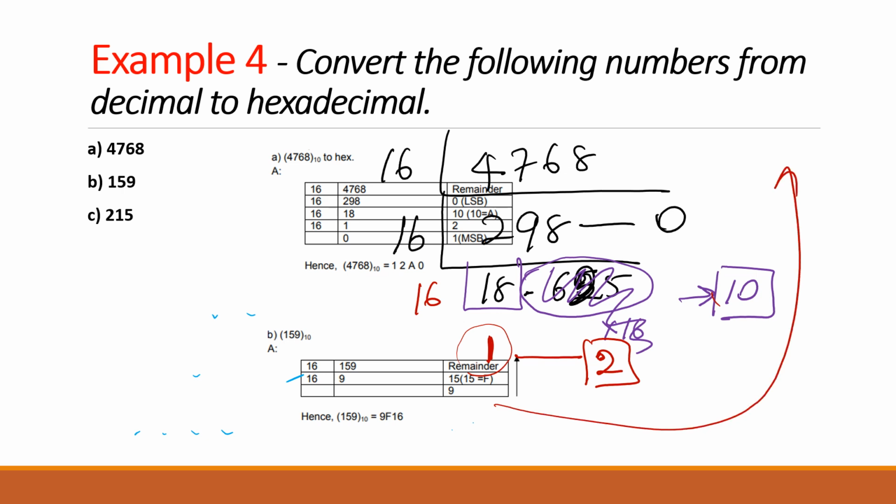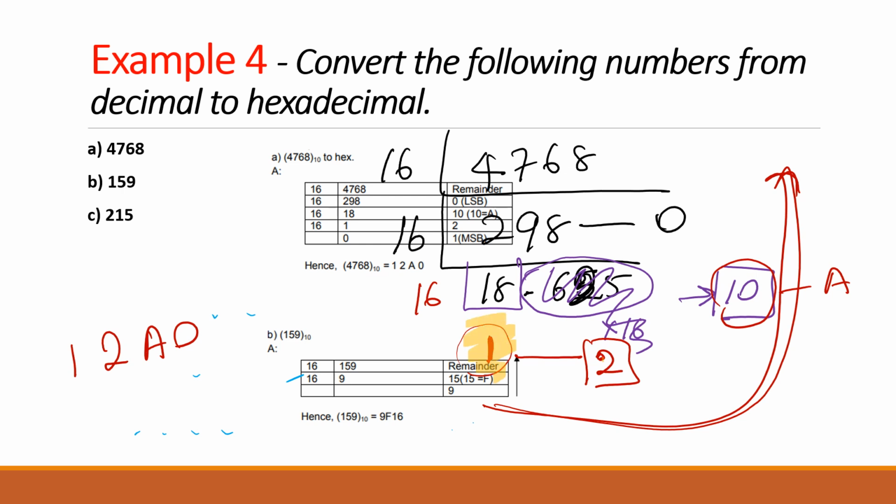So 10 represents A, isn't it? So you will write it as 1, 2, A and 0, bottom to top. So this is 1, this is 2, this is A and 0. Are we good?